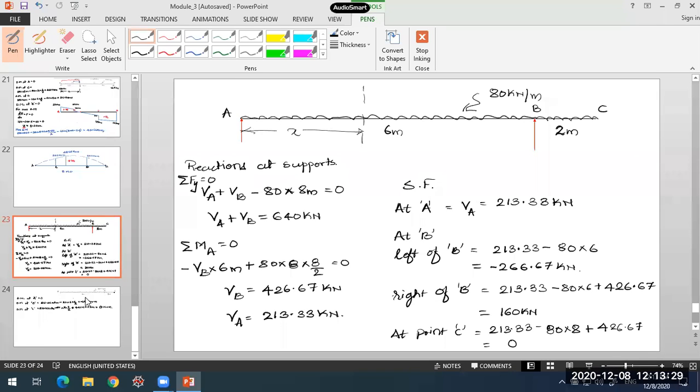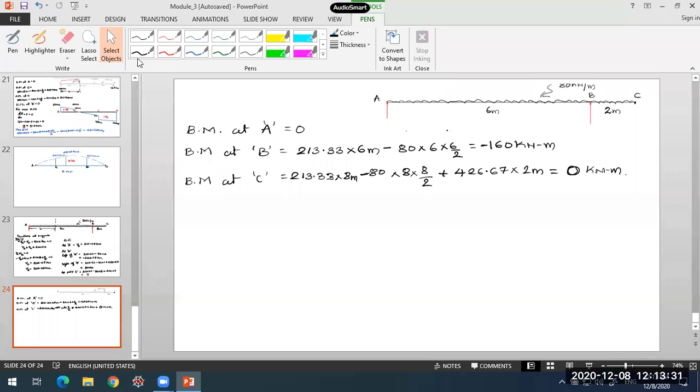So just calculate that. For maximum bending moment, the mathematical condition is dM by dx should be 0. The first derivative of bending moment should be 0.